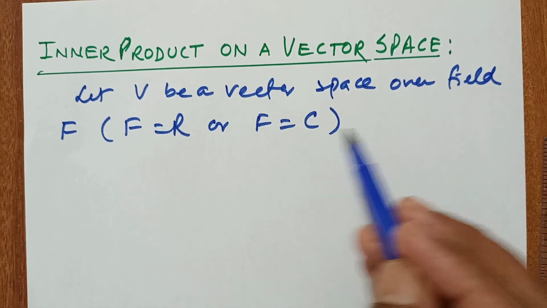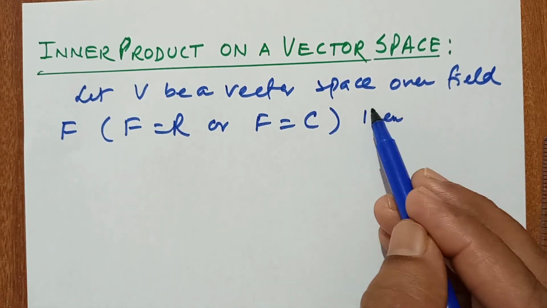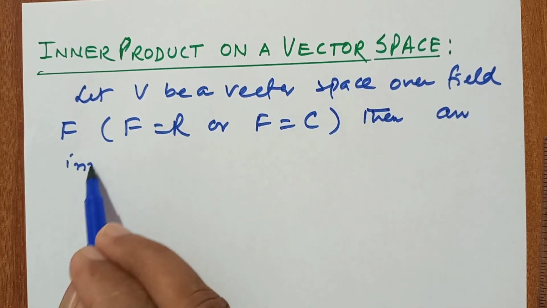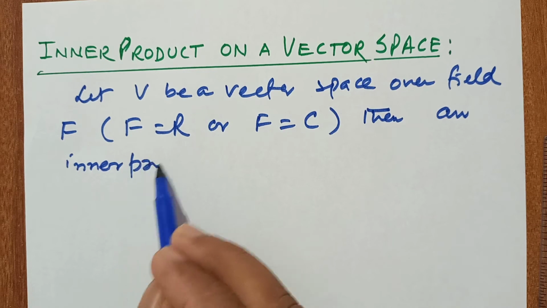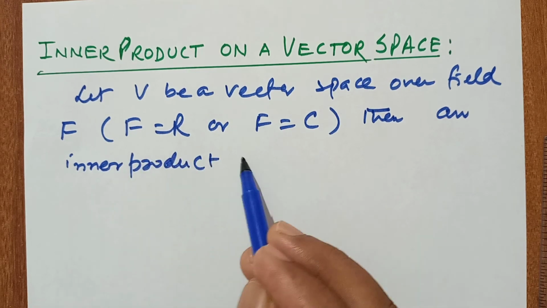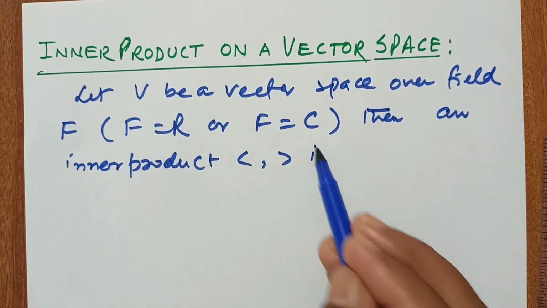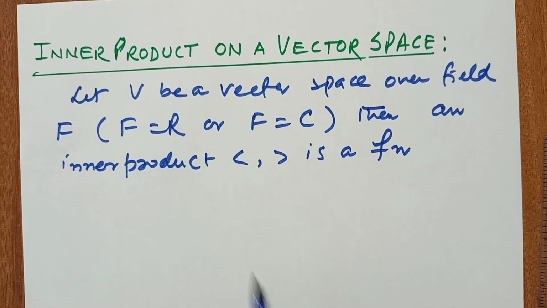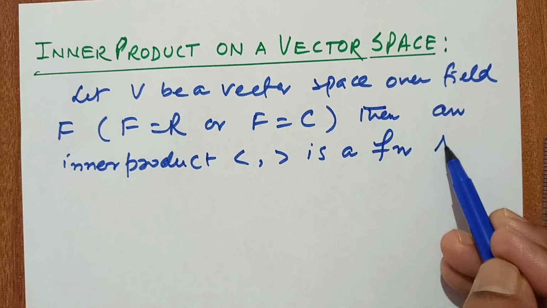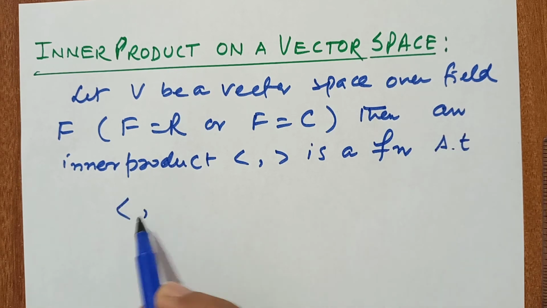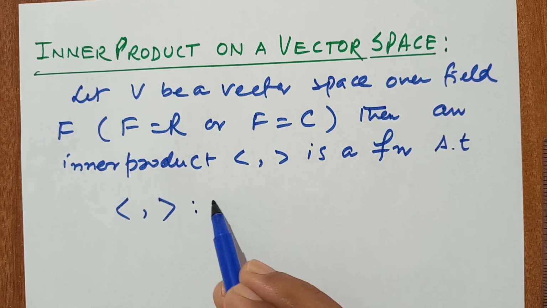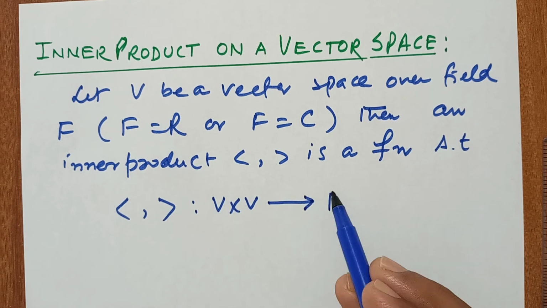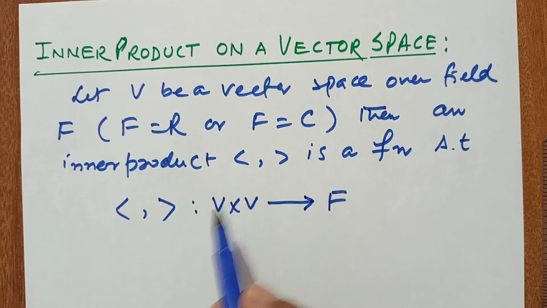Then an inner product is a function from V cross V to F. What is V cross V?